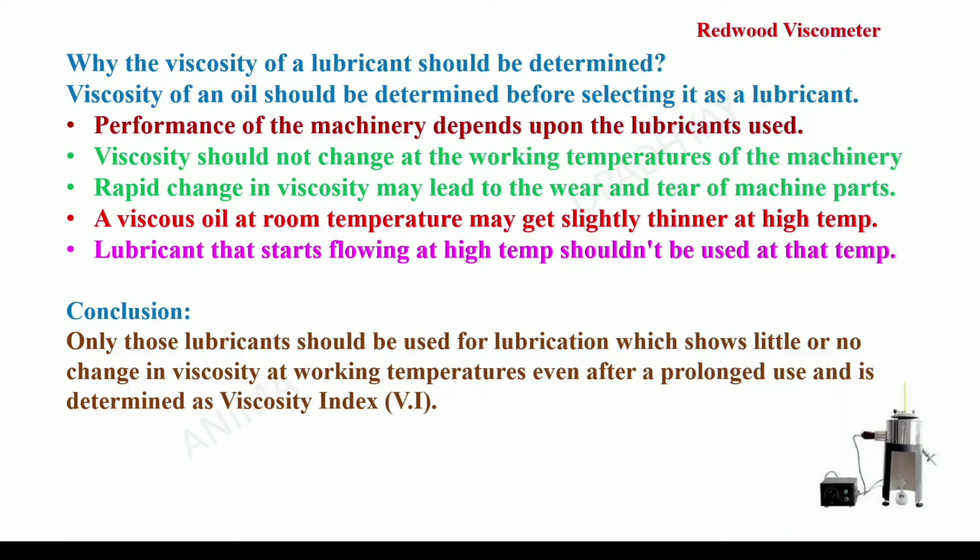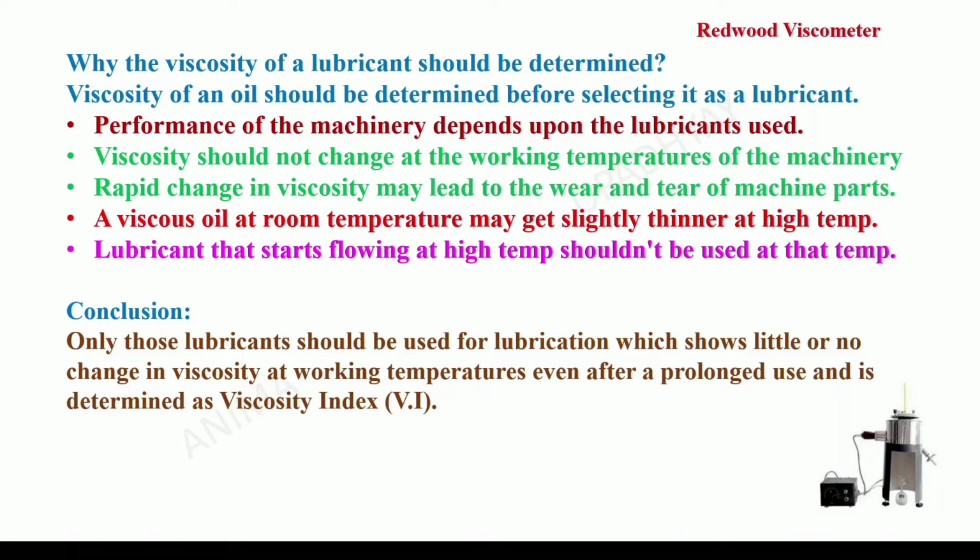Now the question comes to our mind, why the viscosity of a lubricant should be determined? The answer is simple. The viscosity of an oil should be determined before selecting it as a lubricant because the performance of the machinery depends upon the type of lubricant used. Especially the property viscosity is extremely important.